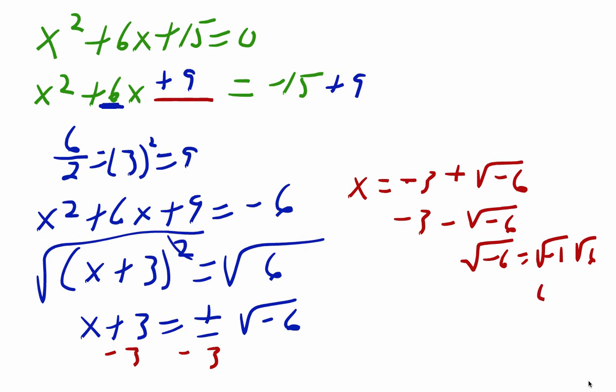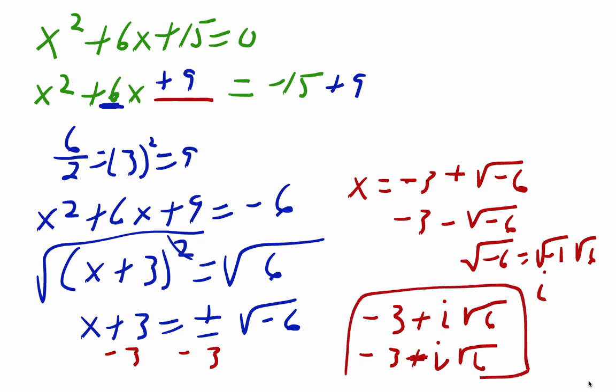The square root of negative 1 is an imaginary number, so really what I have here is negative 3 plus imaginary number times the square root of 6, and negative 3 minus imaginary number times the square root of 6. Those are my two answers for what x is.